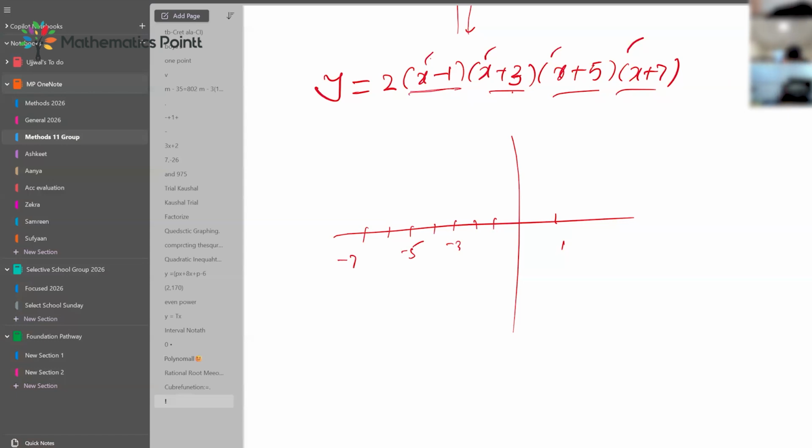I'll start anyway. This is a quartic and there is no negative sign in the front. So it simply means that the arms will be in the first and second quadrant, on the same side. It is even degree. Let's create it. I have a cut here.